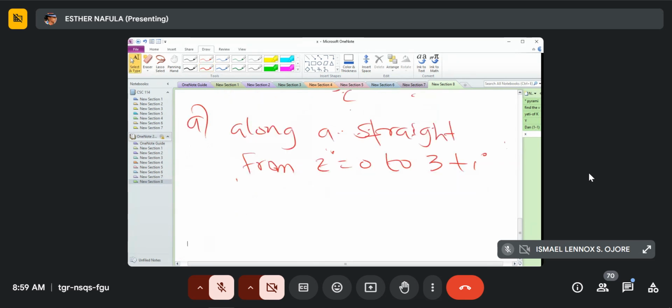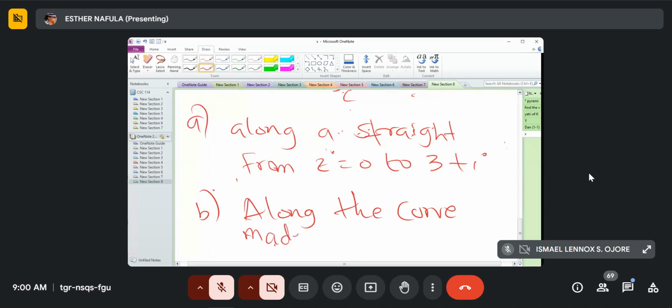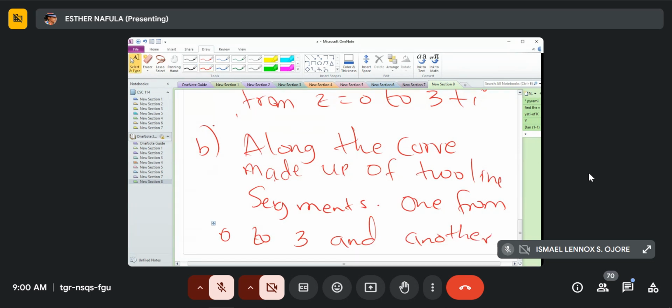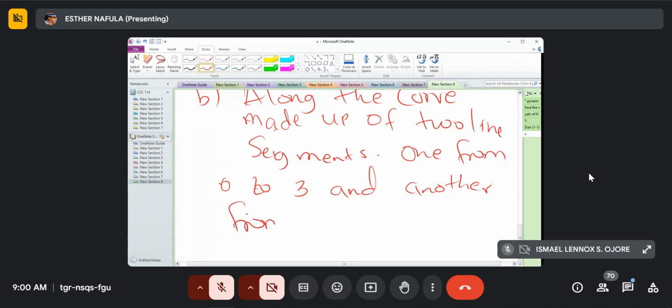Part B: along the curve made up of 2 line segments, one from 0 to 3 and another from 3 to 3 plus i.